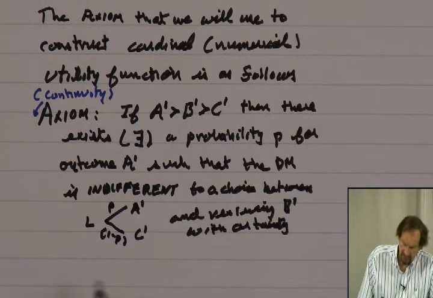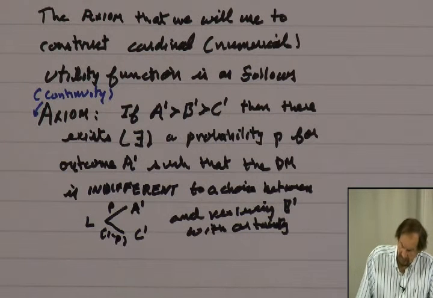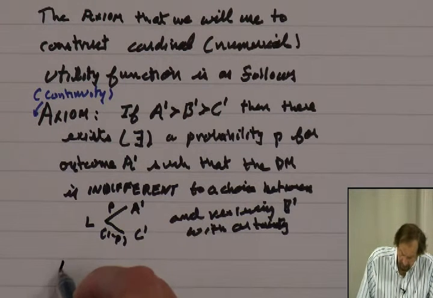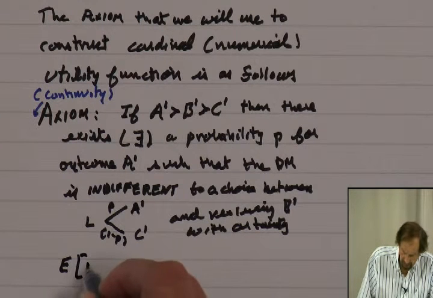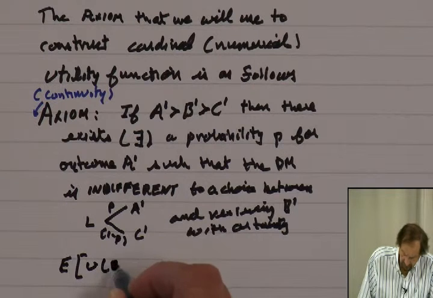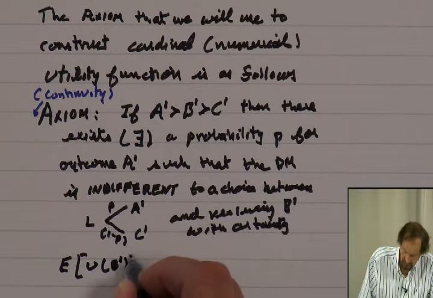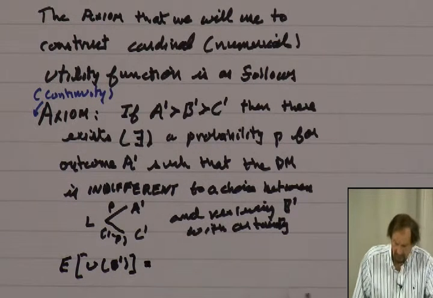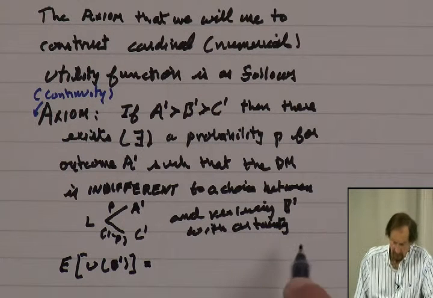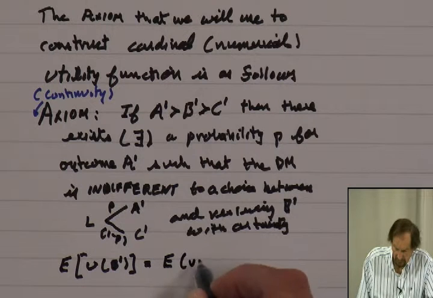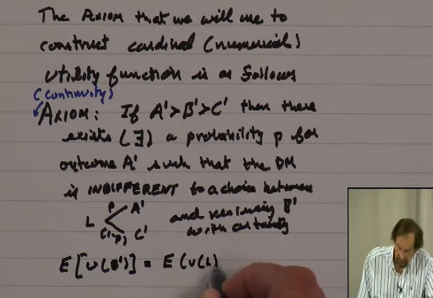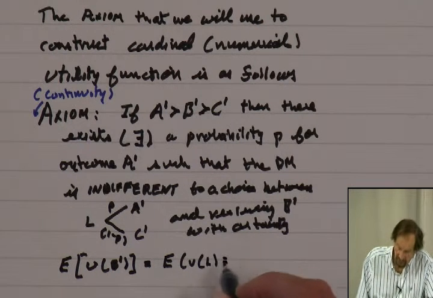Then we're going to say that the expected utility of B prime equals the expected utility of the lottery. Okay, what is the expected utility of the lottery?